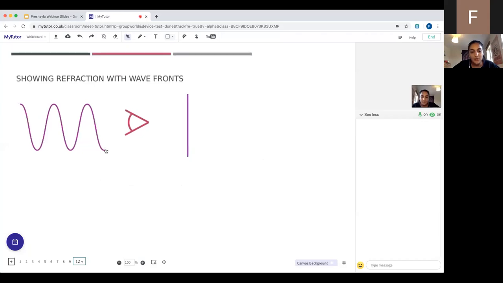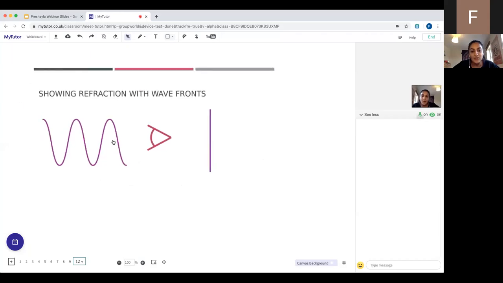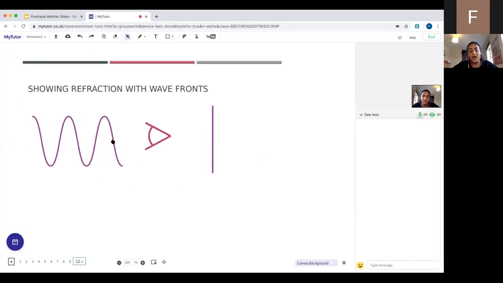Okay, so now we are going to show refraction with these things called wave fronts. Wave fronts are basically just a way of depicting a wave without drawing out the whole wave.